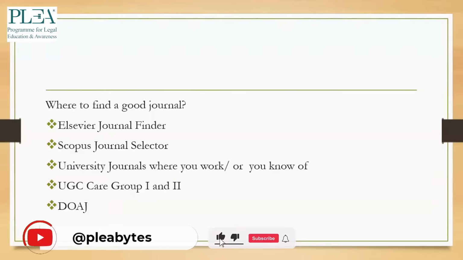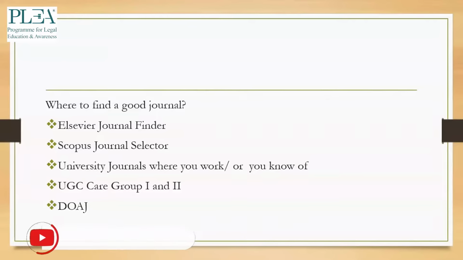University journals where you work. Say, suppose you're working at a university as a faculty, or you are a student there. You know of a certain university which has its own journal. You can publish there because it's a university journal. It is an authentic journal. They are not going to fool you. Okay, so you can depend upon them, you can trust them.